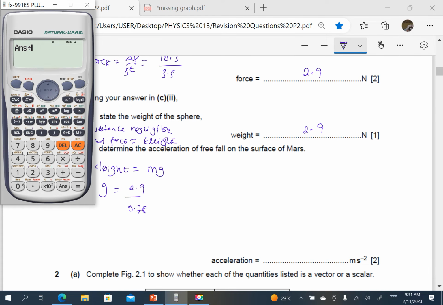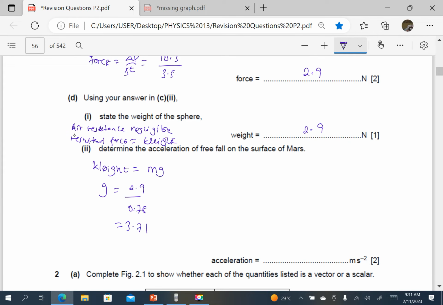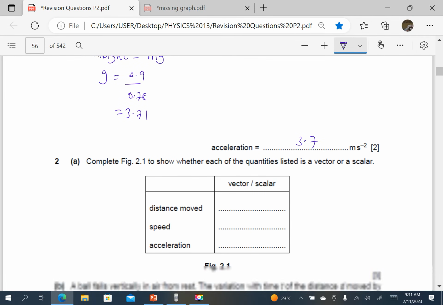So 2.9 divided by 0.78, that is 3.71. So g is 3.71, or approximately 3.7 meters per second squared. Okay.